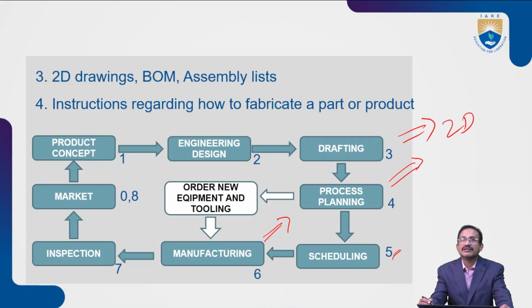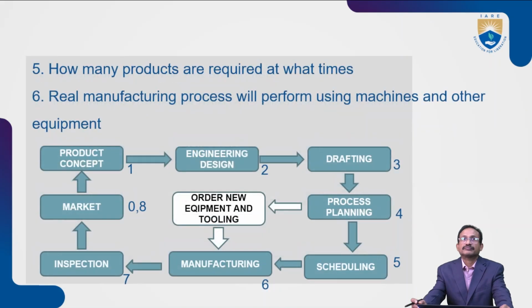We have made drawings, and process planning department people studied those drawings and established the process plan, that means how to fabricate a part. Then why scheduling here? Here scheduling is very important. Based on the demand outside, how many products to be manufactured at particular times, we'll see here.